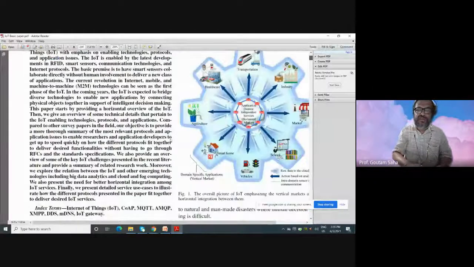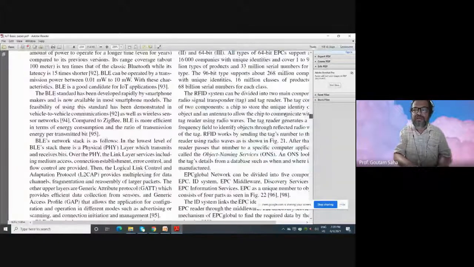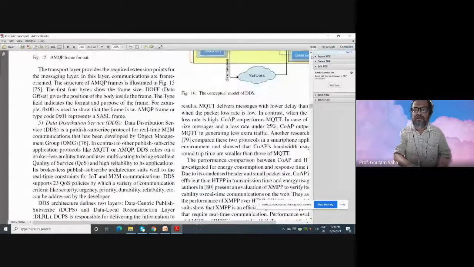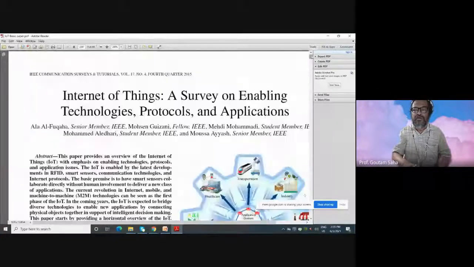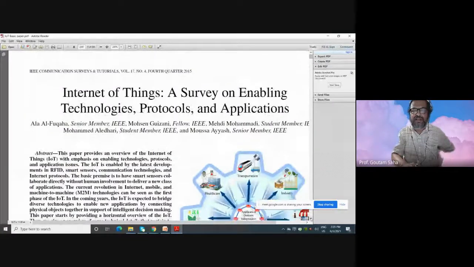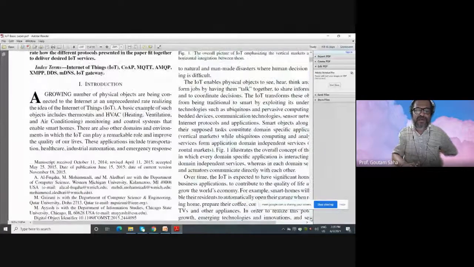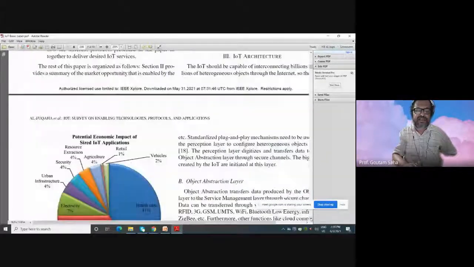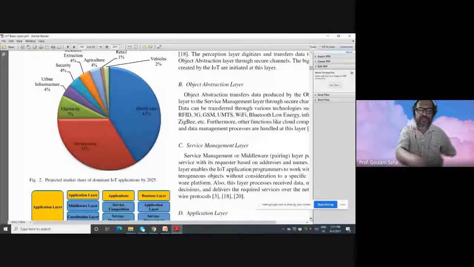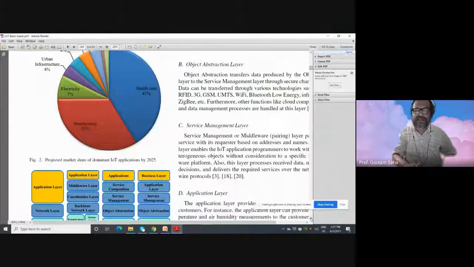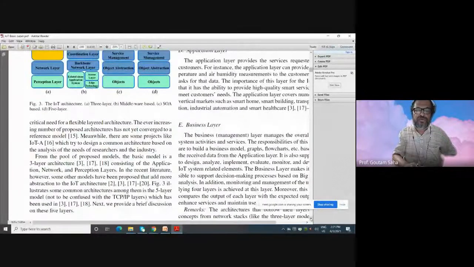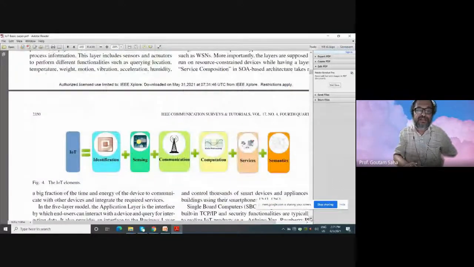They have discussed all the layers separately, which I have already told you. IoT means identification, which means which set of sensors' data has to be taken.